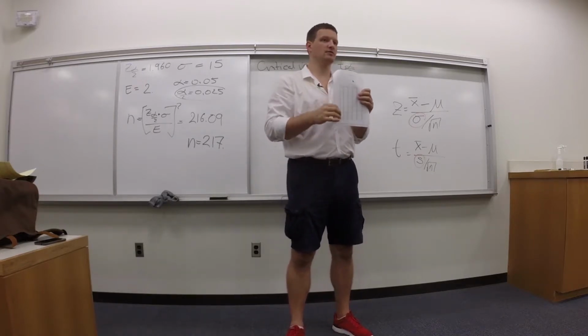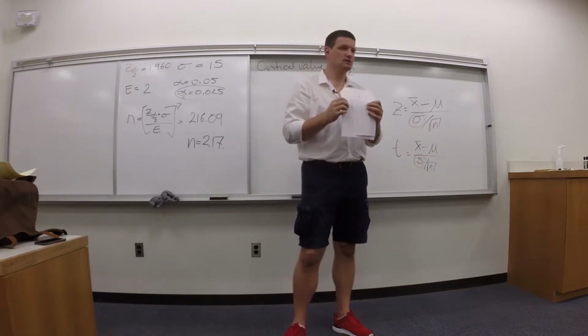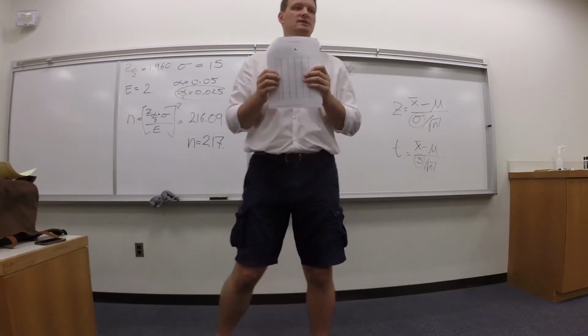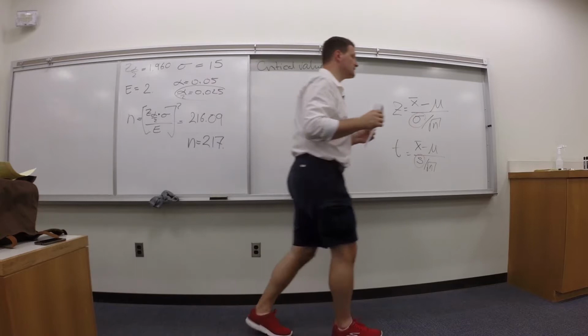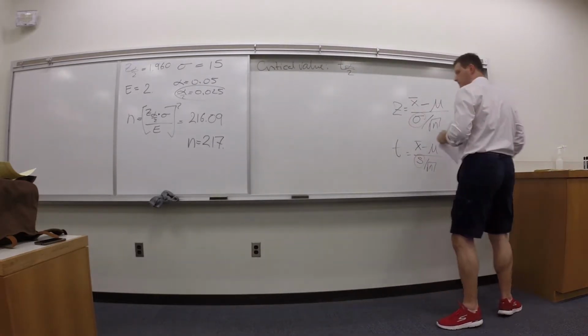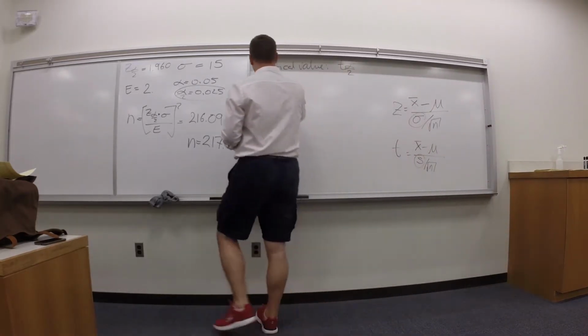If you look at this table closely, either one, it doesn't matter. You look at the column on the very left; that column isn't n, that column is DF. DF stands for degrees of freedom.